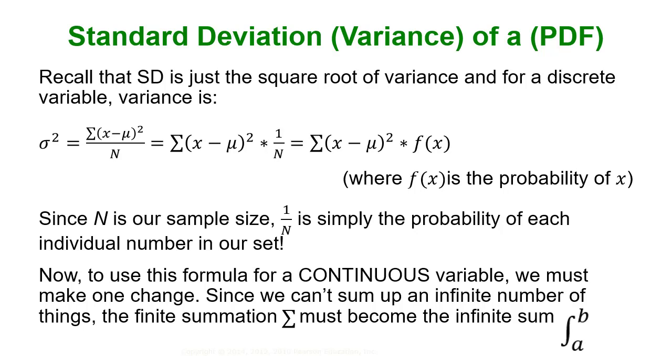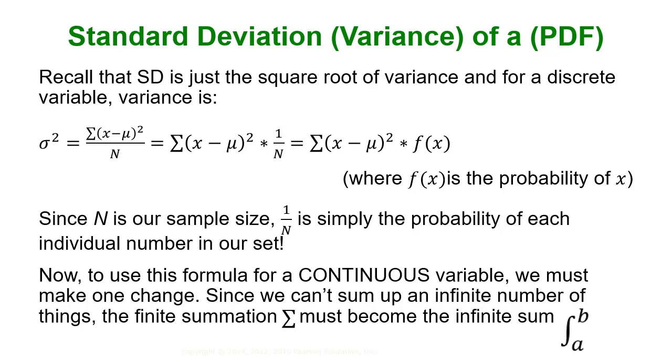Now, to use this formula, this whole sum times the probability thing, for a continuous variable, we need to make one minor change. That's because we can't add up an infinite number of things. So that finite summation sigma symbol has to become an infinite sum, which is the integral from a to b.